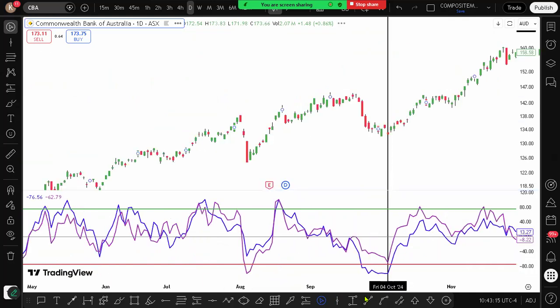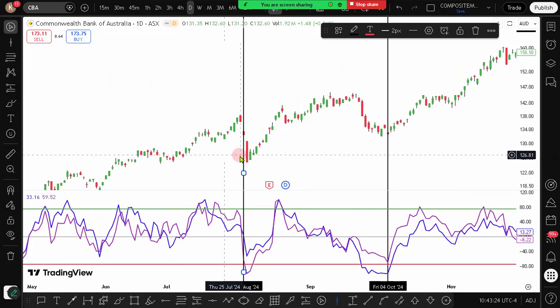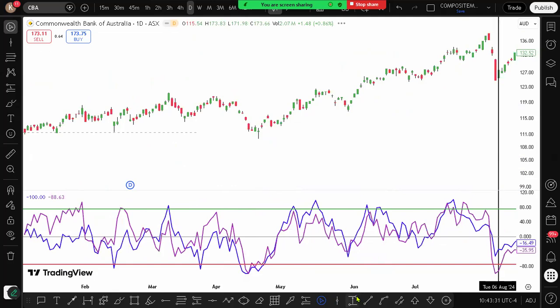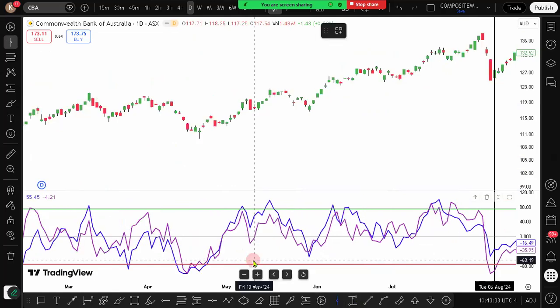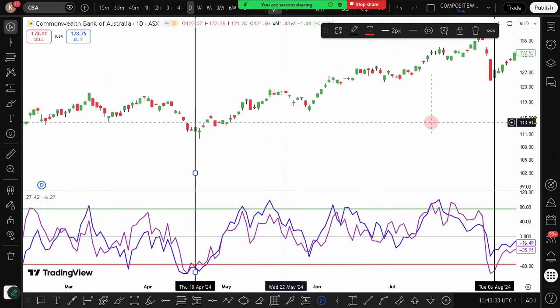And you can see, guys, you can even go back and see every time we're undervalued, you get the rally to the upside. So this is enough for me to say, we're undervalued and you get the buys.